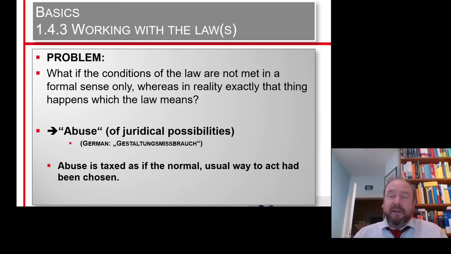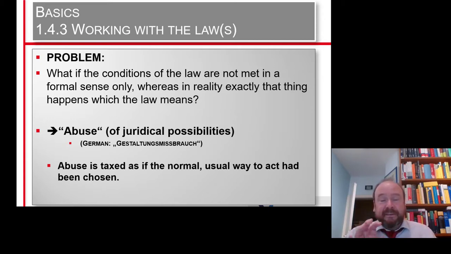So we apply the rule that a sale has happened and we inform that person you owe us 7% of the value of what you got as value-added tax because you sold a book, although you did it in a different way.